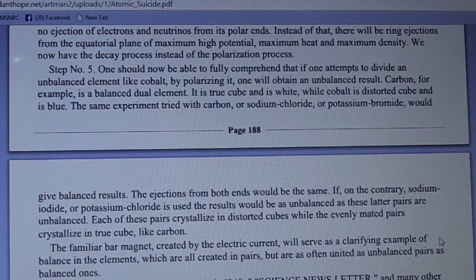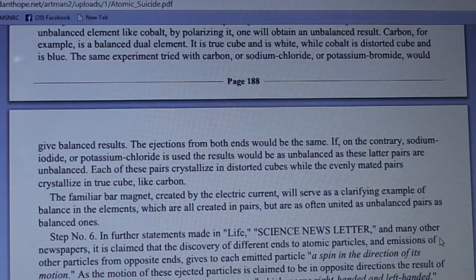The ejections from both ends would be the same. If, on the contrary, sodium iodide or potassium chloride is used, the results would be as unbalanced as these latter pairs are unbalanced. Each of these pairs crystallize in distorted cubes, while the evenly mated pairs crystallize in true cubes, like carbon.